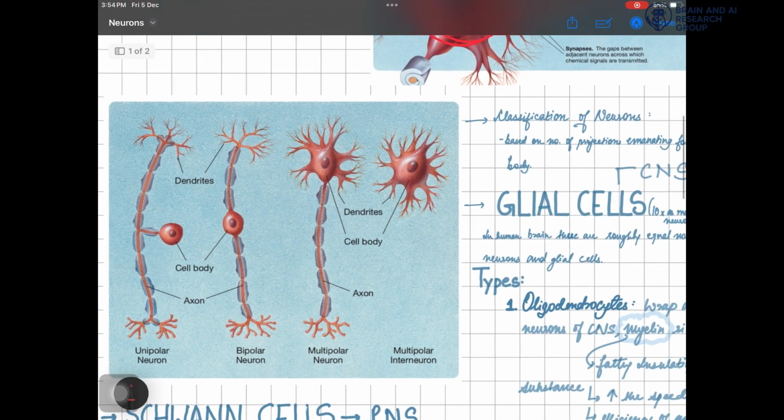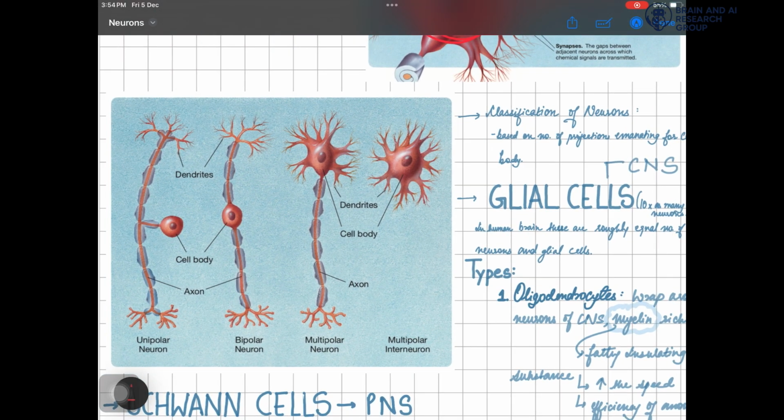Now coming down. These neurons, when coming to their structure, are of different varieties. They are of different structures and different types in terms of how they look. We have majorly different types of neurons here. One is your unipolar neuron, one is your bipolar neuron, another is multipolar neuron. So what is the difference between these? Look at the cell body here. When the cell body has one single projection going out of it, we call it unipolar.